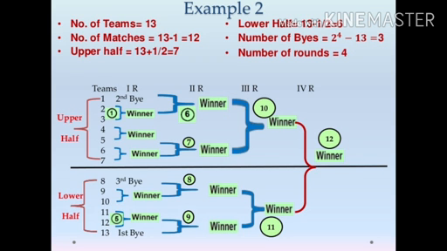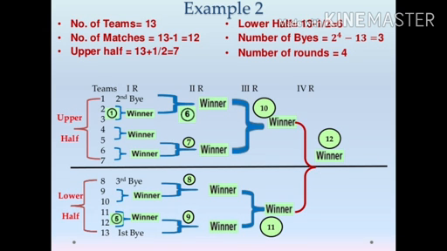Then we will divide the teams into halves. Upper half 6, lower half 5. So we will put a long line between 6 and 7. Then we will put the byes. First bye 11, second 1, third 7, fourth 6, and fifth 10.